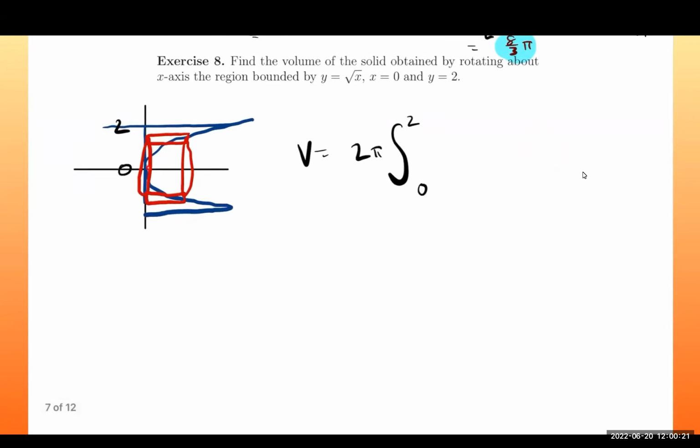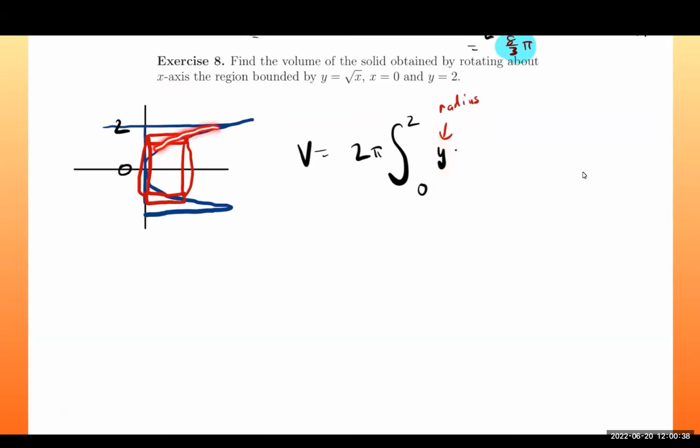Okay, and the radius is the distance from here to here, which is just y. The radius is just y in this case, because we're rotating about the x-axis. So there's no translation, so that makes it easier.